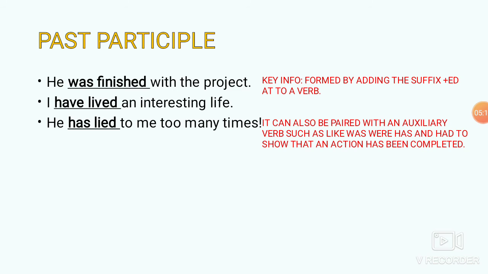I have lived an interesting life. He has lied to me too many times. So the key info here is past participle is formed by adding the suffix ed to a verb. It can also be paired with an auxiliary verb to show that an action has been completed.